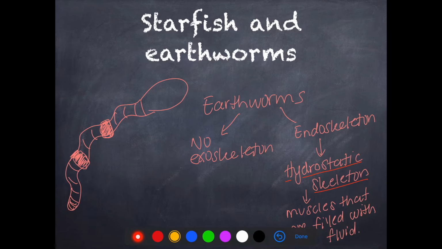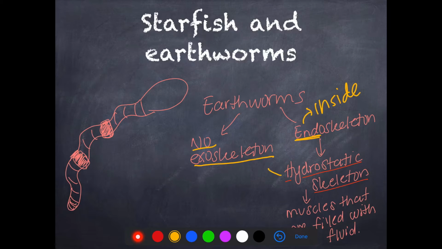Earthworms, on the other hand, have no exoskeleton. So they have no actual skeleton on the outside of their body that is going to prevent them from being squished or give them an extra layer of protection. But they do have an endoskeleton, and remember that I said this was on the inside.